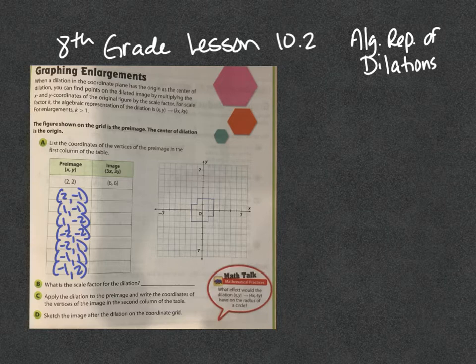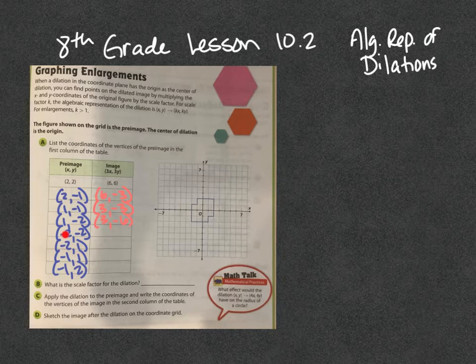Okay. Now I will take each of these and multiply them by 3. 2 times 3, I'm going to change colors here. So 2 times 3 is 6, and negative 1 times 3 is negative 3. 1 times 3 is 3, and negative 1 times 3 is negative 3. 1 times 3 is 3, and negative 2 times 3 is negative 6.